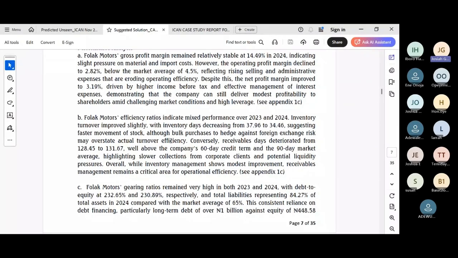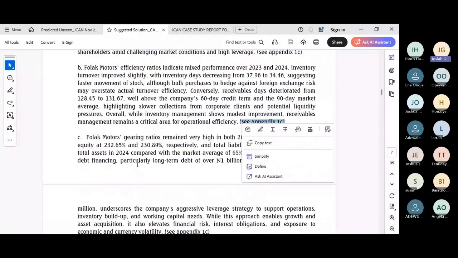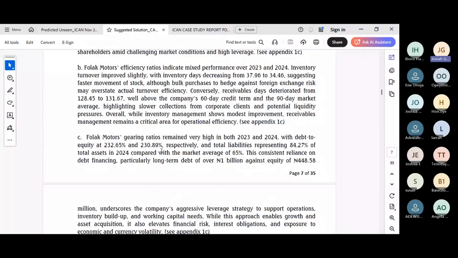We said conversely, receivables days deteriorated from 128 to 131, above the 60-day credit term in the exhibits and 90-day market average. So you can see we reference the appendix. Number 3 is gearing ratio. We said they remain both high at these percentages.